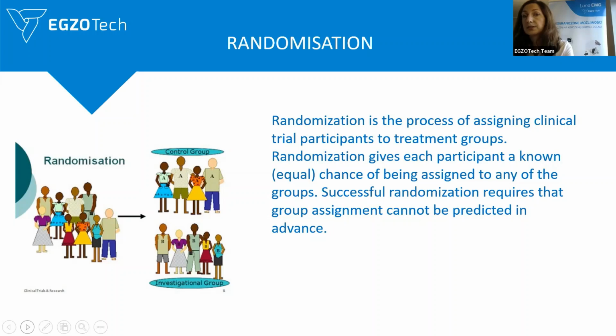Randomization gives each participant a known, equal chance of being assigned to any of the groups. To have successful randomization, we require that the group assignment cannot be predicted in advance.